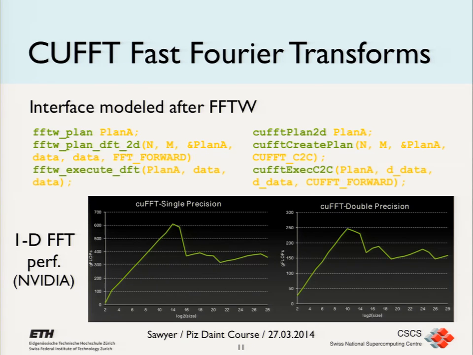This is the log, you probably can't read this, the log base 2 of the size. So to get this really good performance, you're already trying to do a 1D FFT of 2 to the 14th, which is relatively large, right? So you have to put these good results in perspective.